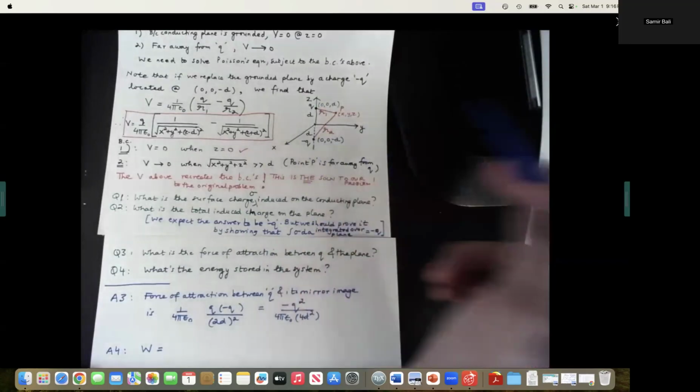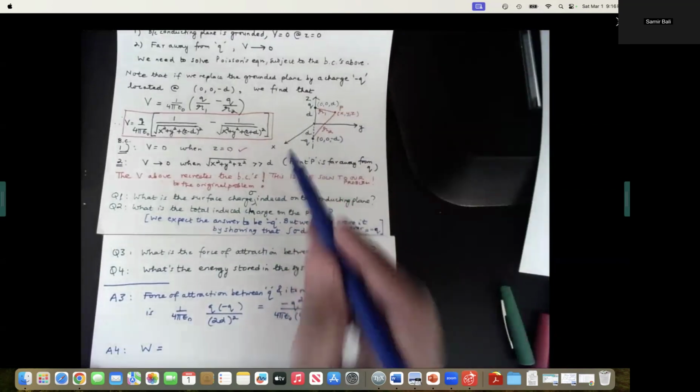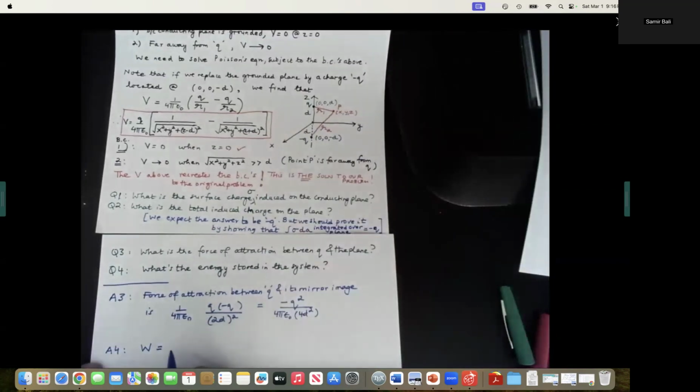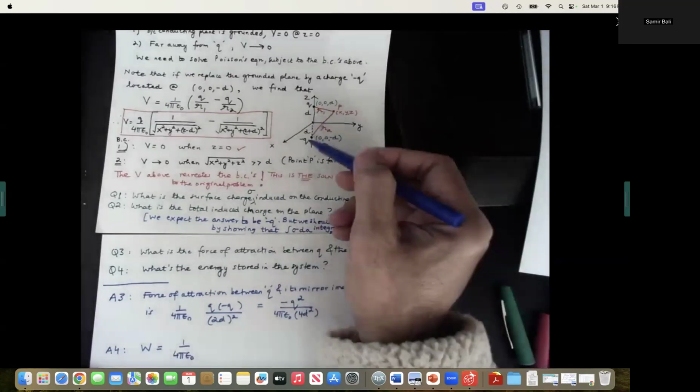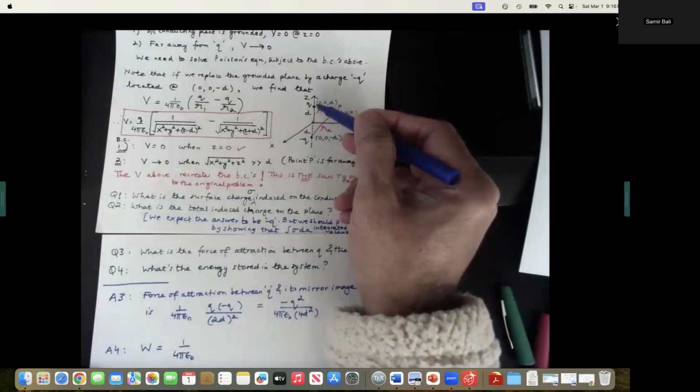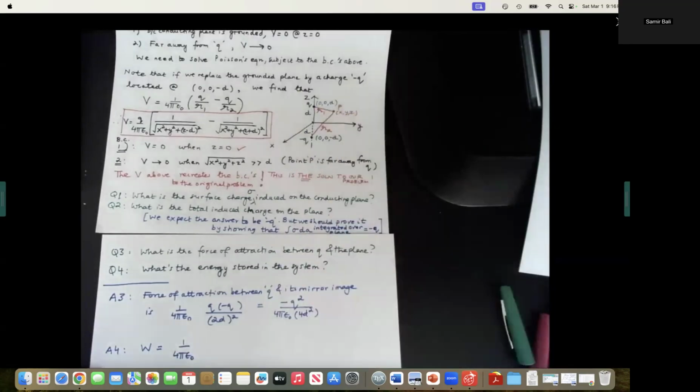I brought that in, and now I'm bringing in Q from infinity. And so the work done would just be the potential of the negative Q at the final location where I brought Q.